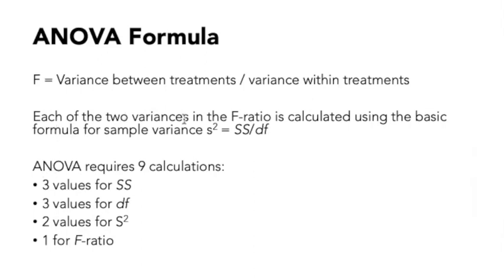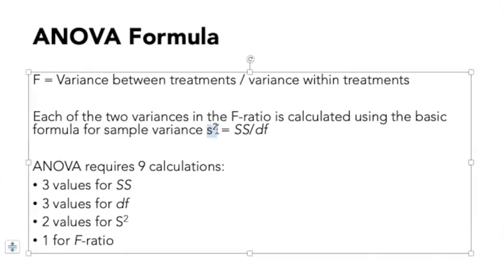So each of the two variances in the F ratio is once again calculated using the basic formula for sample variance. Sample variance, like we know, can be calculated by sum of squares divided by degrees of freedom. Now here, for you to run the ANOVA, you need 9 calculations.